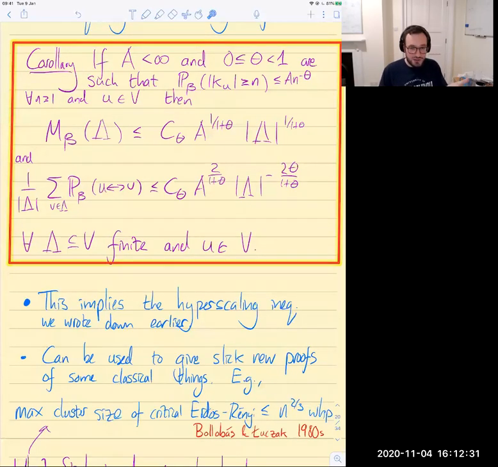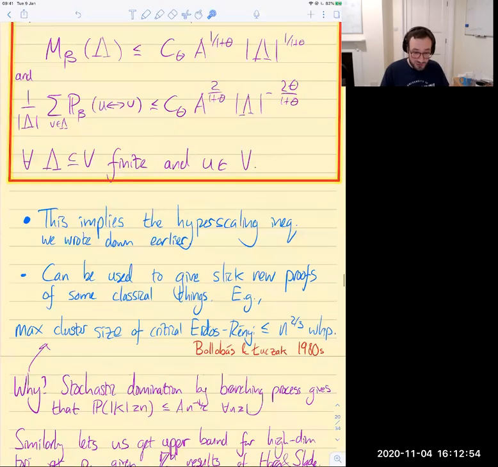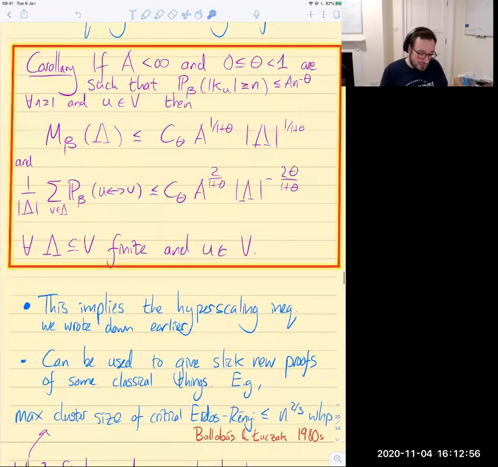whenever we have percolation on a finite graph and we have some infinite graph that covers it, we can always have stochastic domination. So in particular, in the complete graph case, we can bound the cluster at the origin in the Erdős–Rényi graph by a branching process, a Galton–Watson tree. It's just a binomial Galton–Watson tree, and it's very easy to prove that this Galton–Watson tree satisfies a bound of this form where theta is a half.